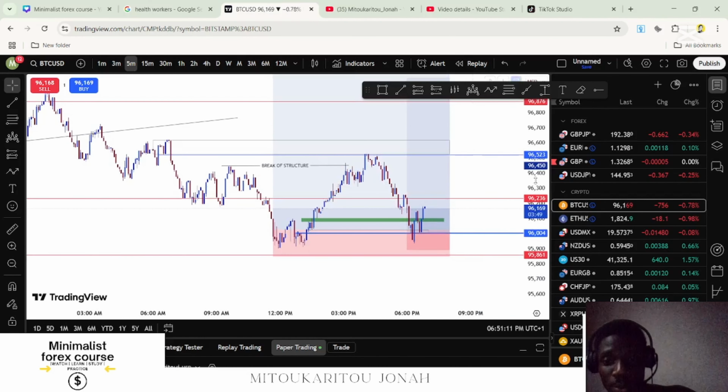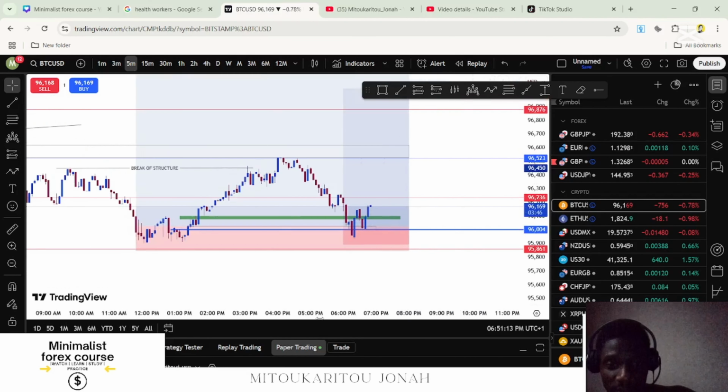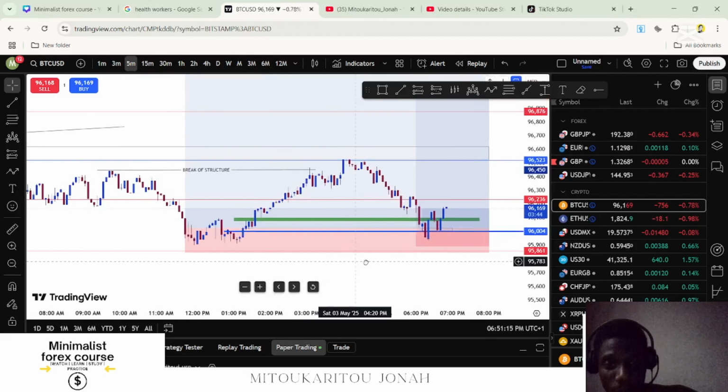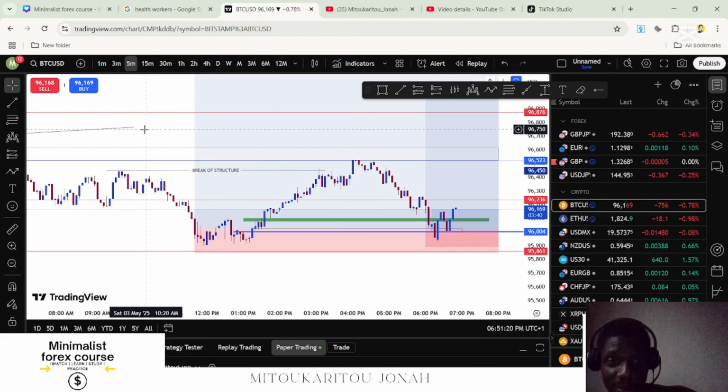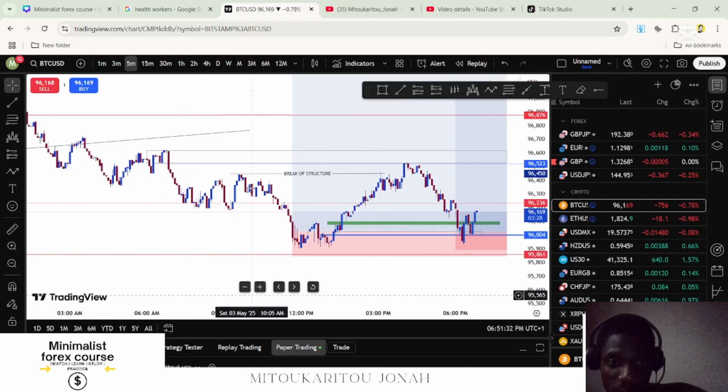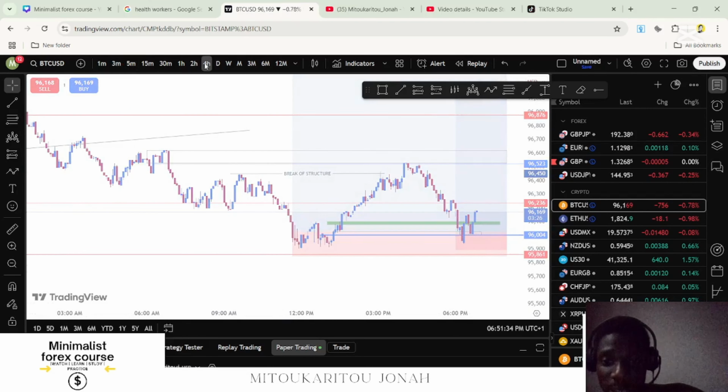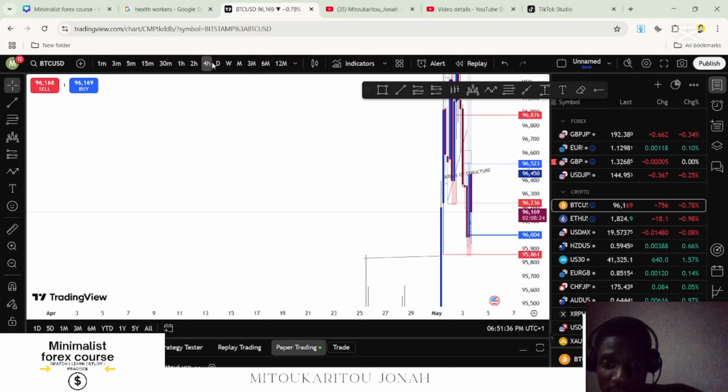Just because you're trading demo money doesn't mean you shouldn't attach the same level of seriousness to it. Forex is mostly psychological, so I think that needed to be said. So from here we're expecting price to go all the way to the top, but everything still boils down to supply and demand.